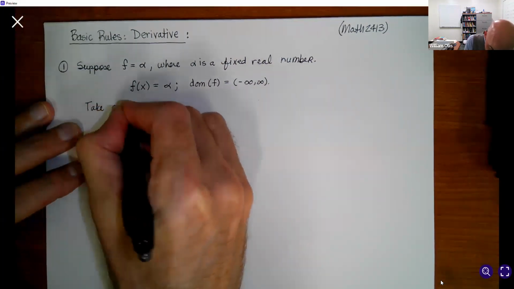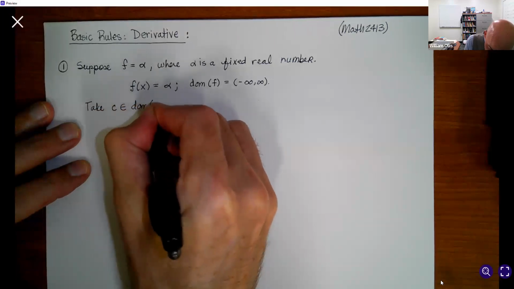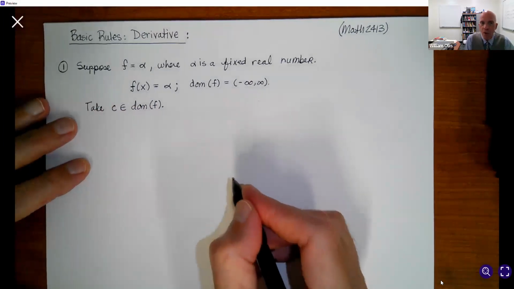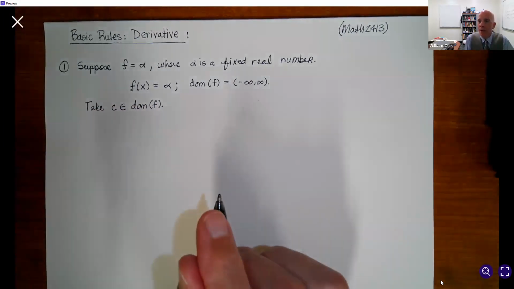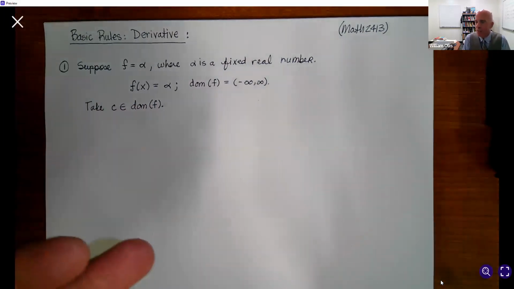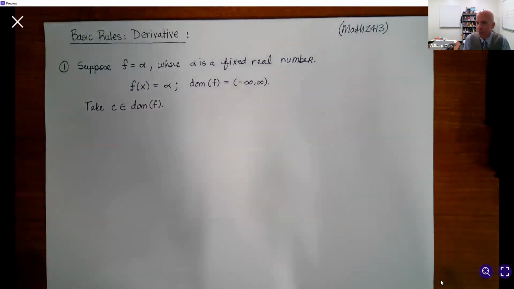So now we'll just say, take c to be an element of the domain of f, so just a real number. When we do this, we know that the function must be defined at c, but we don't actually know until we do the computation what the form is for the derivative. That is, is c included in the derivative?